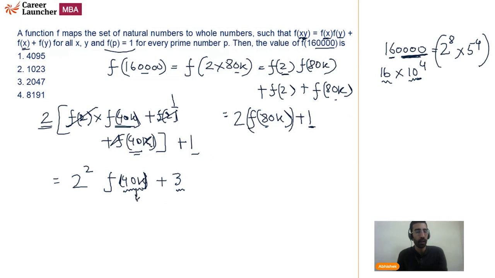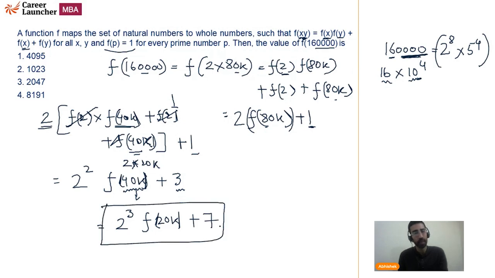Right? If you again break this down into 2 into 20,000, you can try it. You will end up getting 2 cube f of 20,000 plus 2 cube minus 1, plus 7. 8 f of 20k plus 7. This is what you'll end up with.